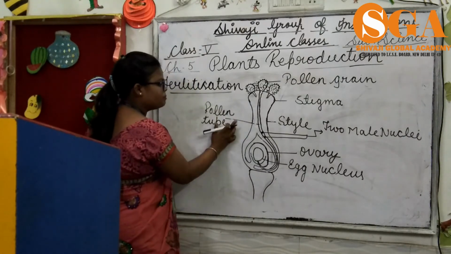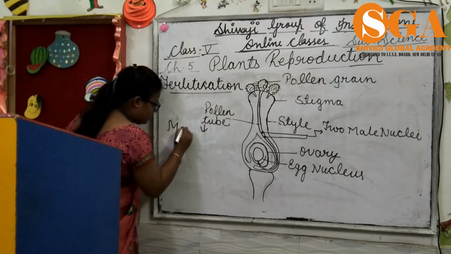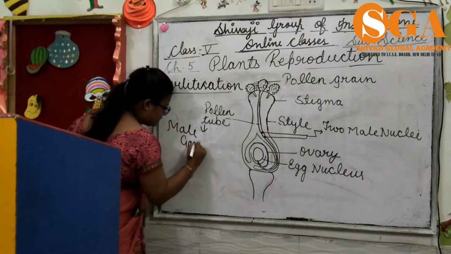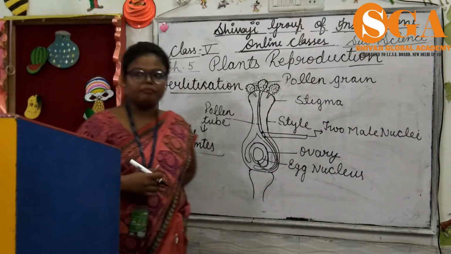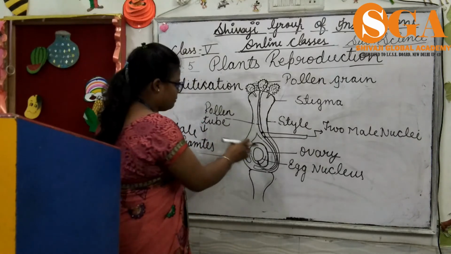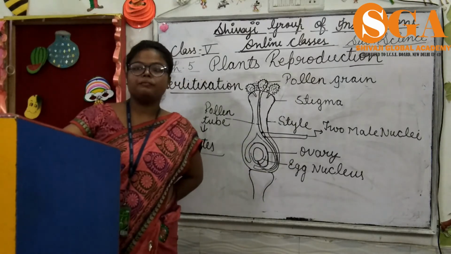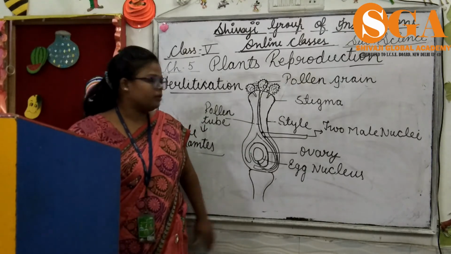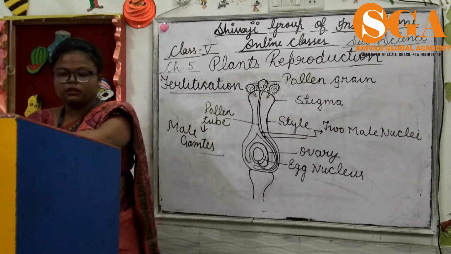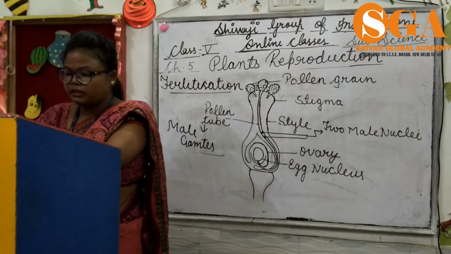In the pollen tube, male gametes are present, means the pollen tube is the carrier of male gametes. And finally, the male gametes fuse with the female gametes. This complete process is called fertilization.